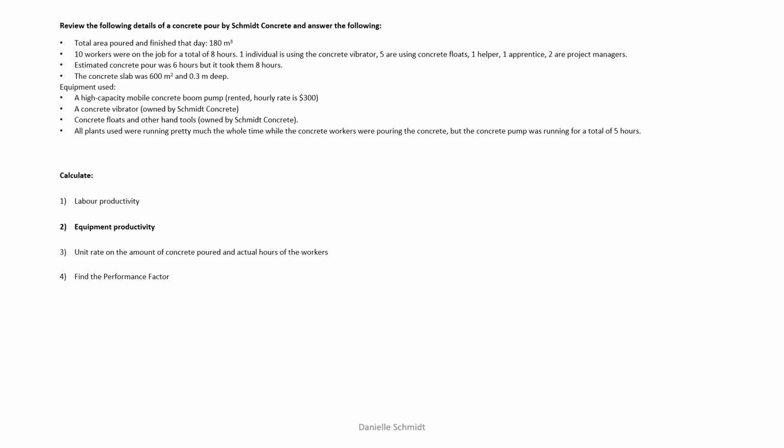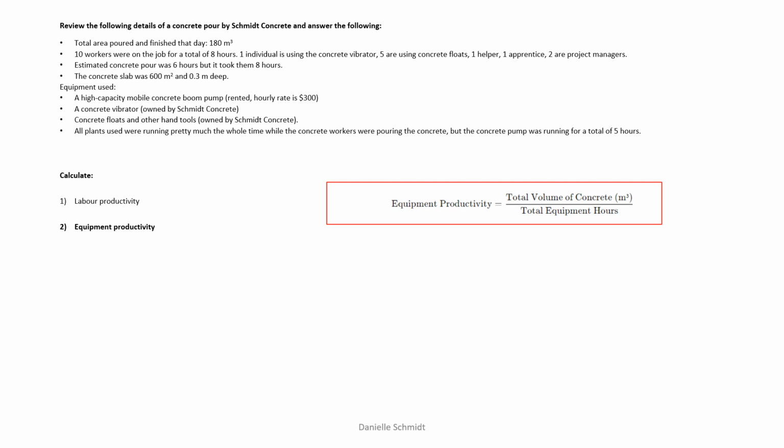All right, then we're going to look at equipment productivity. So again, what's the first thing we're going to do? We're going to that equation. So here we are looking at total volume of concrete, which is that meter cubed. And again, this really should say total volume poured to be accurate. And then we have total equipment hours.